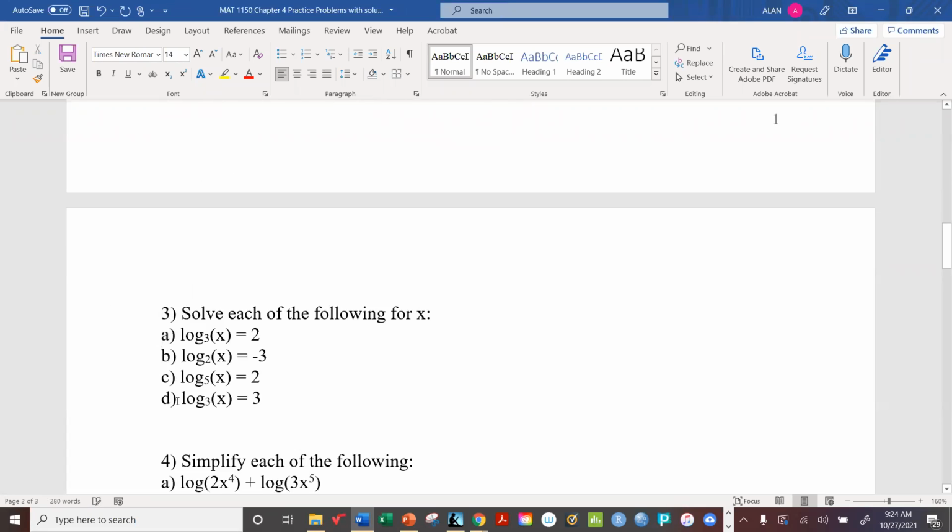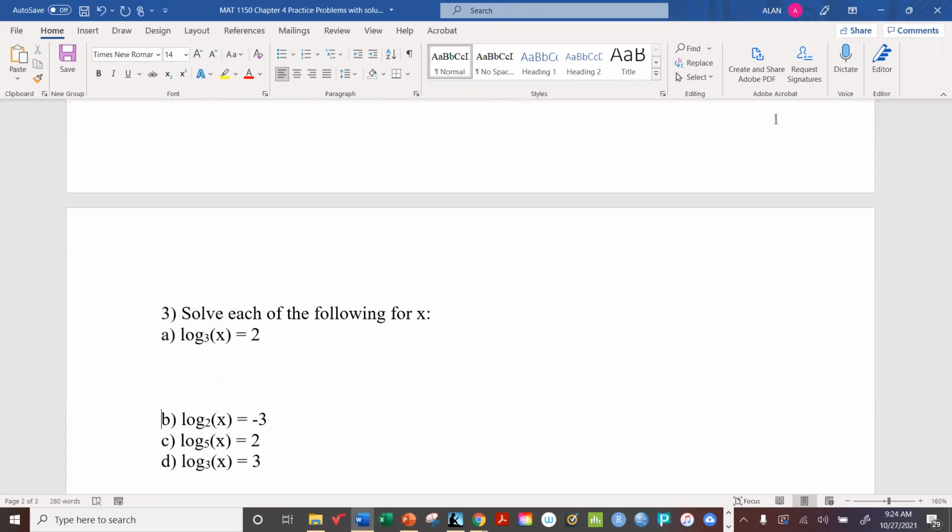So in these cases, there's an x in there, and we're trying to figure out what its actual value is. Just keep in mind that in these cases, you can rewrite this based on the definitions of logarithms. This one, for example, implies that 3 squared is x, which of course is the same thing as saying that 9 equals x.